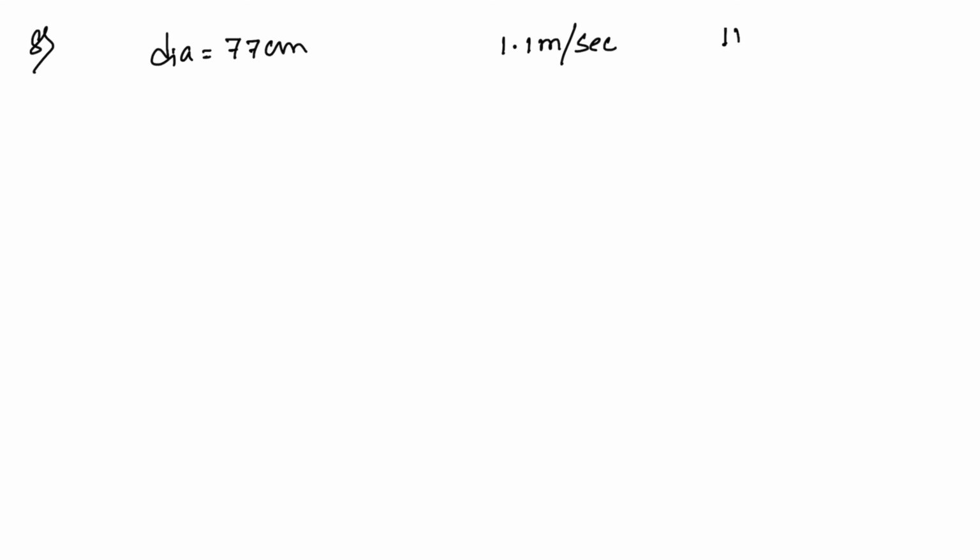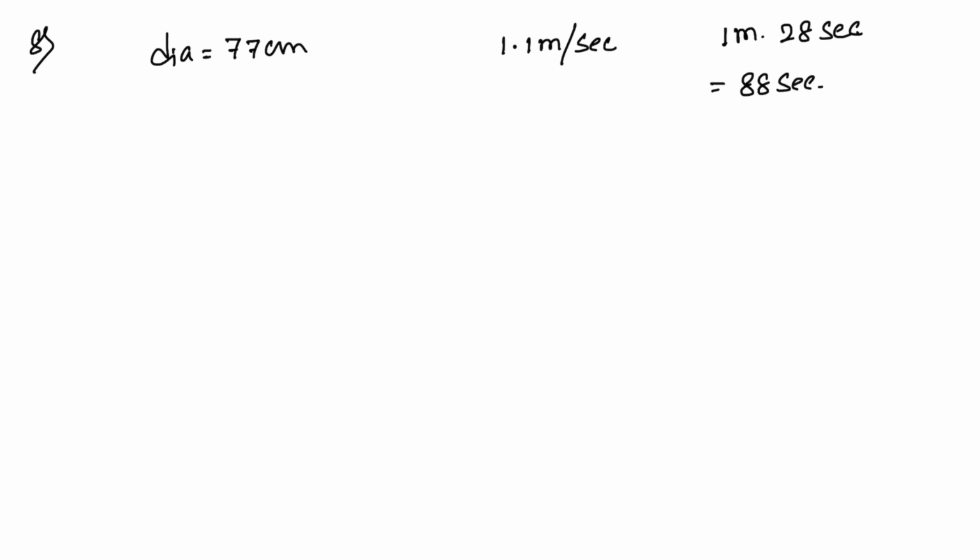Total time is 1 minute 28 seconds, that means 60 plus 28, it's 88 seconds. Calculate the number of complete revolutions the wheel makes in raising the bucket.